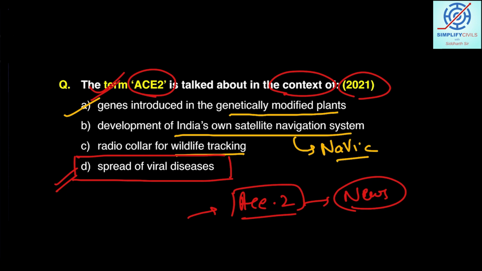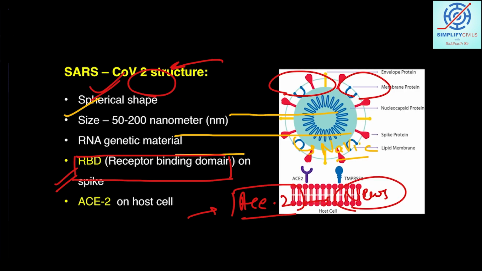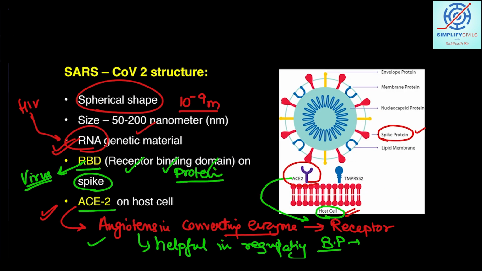If this kind of mechanism is exploited, we can prevent the spread of the disease. That's why many articles and editorials came on this topic, and UPSC asked this simple term in terms of what it actually means. It doesn't want you to know the exact biochemistry hidden behind. It just wanted to know whether you are aware of the term or not.